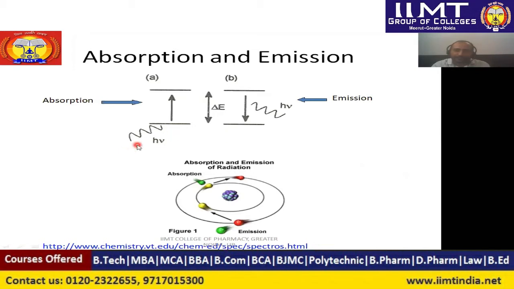Whenever UV visible light falls on a particular matter, the electron goes to the higher state, and this is known as absorption. Similarly, in emission the electron comes back from the higher state to the ground state with the release of energy in the form of light, that is h nu.